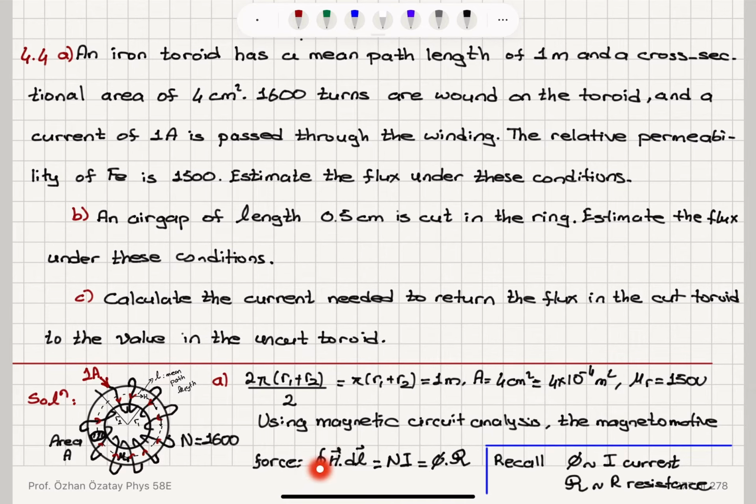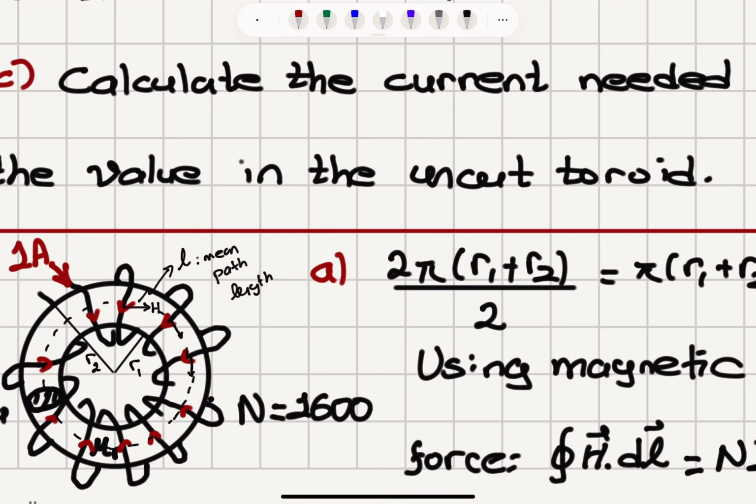Now the closed path integral of H dot dl. For each dl here, since the dl is parallel to the local magnetic field, H dot dl becomes H times dl.